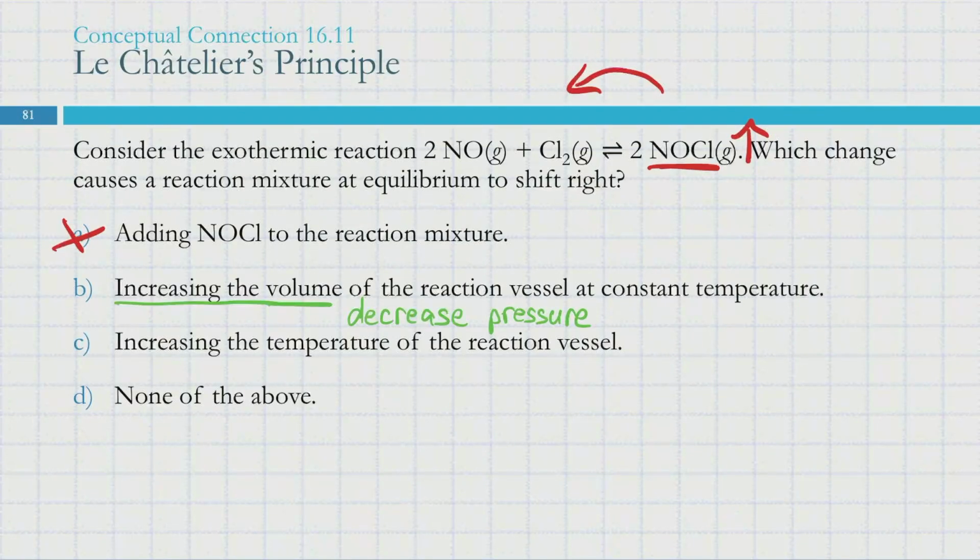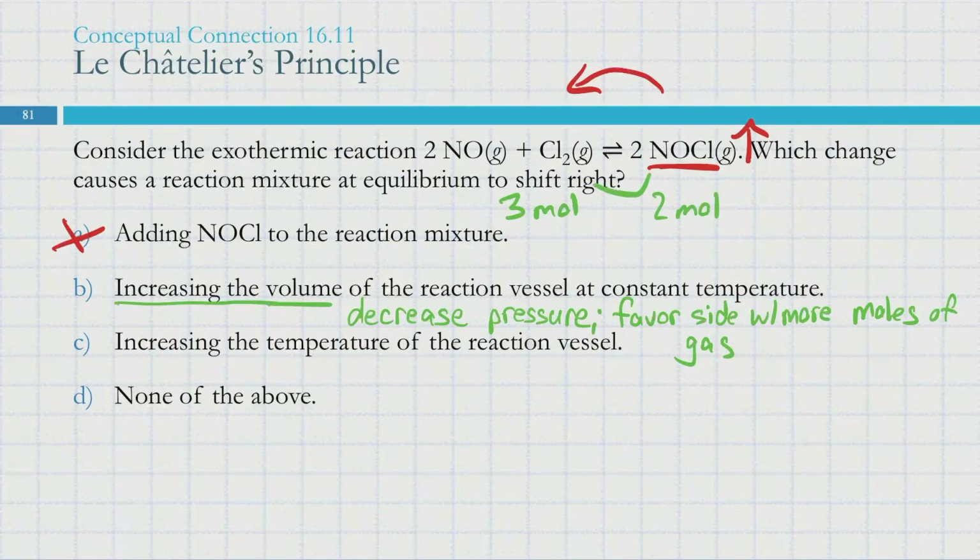If we decrease pressure, we're going to favor this side with more moles, or shift to the side with more moles of gas. 3 on the left, 2 on the right. So that will also cause a shift to the left.